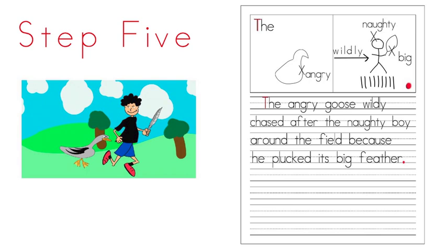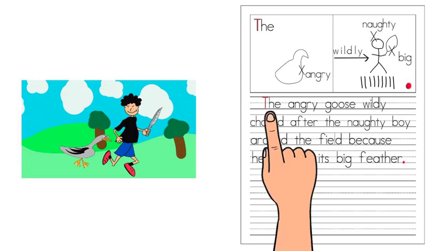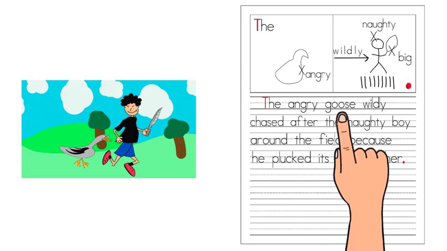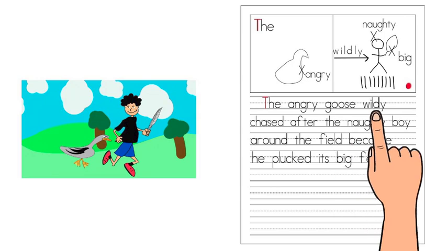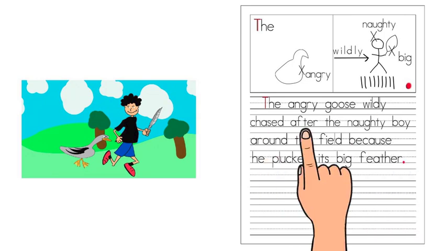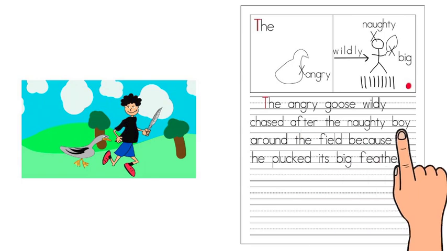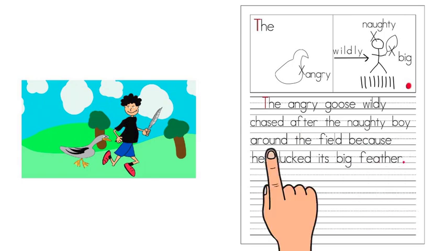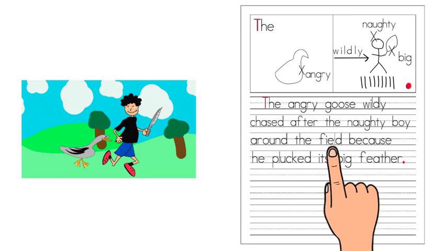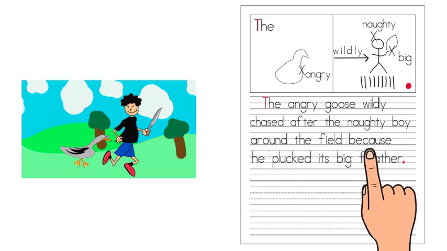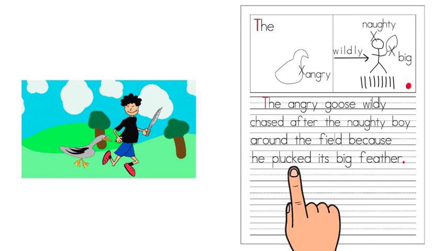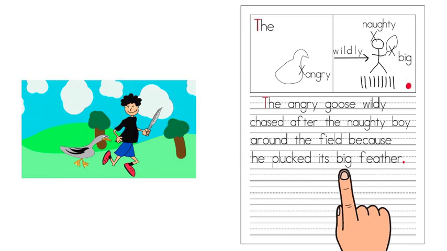You are ready to point and read your sentence. Go back and say the whole sentence. The angry goose wildly chased after the naughty boy around the field because he plucked its big feather.